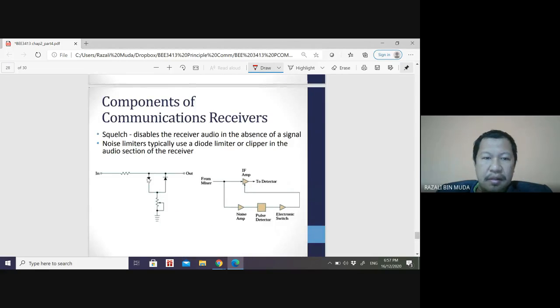These are examples of components of communication receivers. Squelch disables the receiver audio in the absence of a signal. A noise limiter typically uses a diode limiter or clipper in the audio section of the receiver.